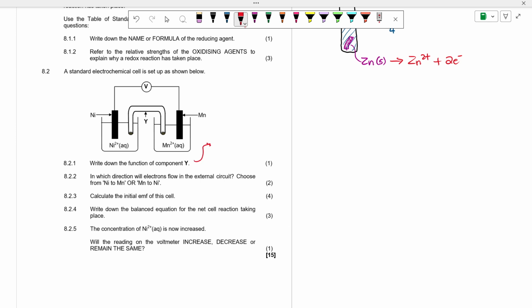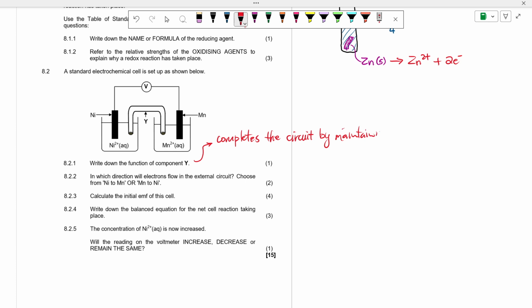Which one comes into your mind immediately? It completes the circuit. Okay, and I think we should proceed to say something else, just to be safe. By maintaining electrical neutrality.